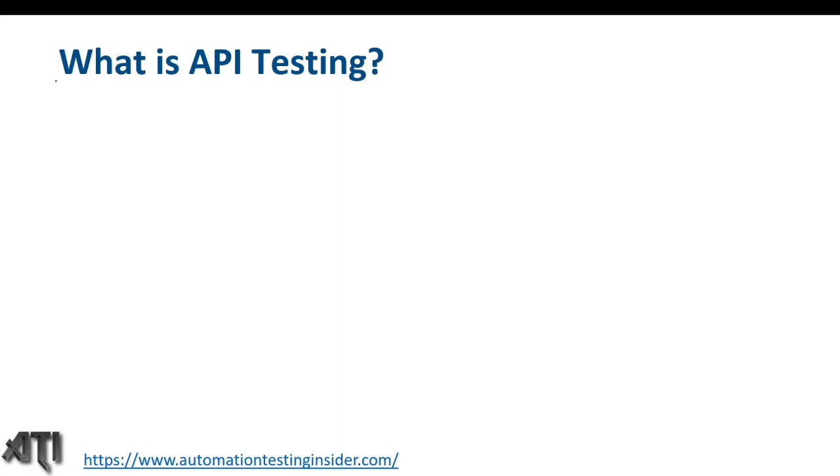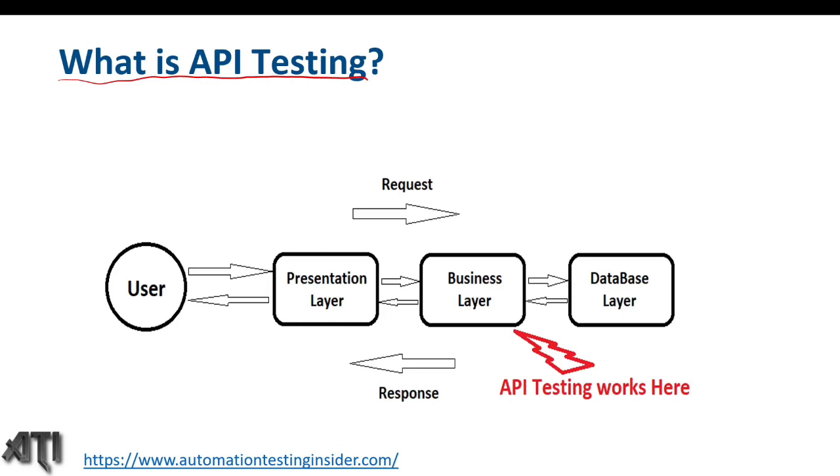Now let's talk about what API testing is, correct? So if you remember, guys, we have different tier applications. There are different types of applications like one tier application, two tier application, and three tier application.